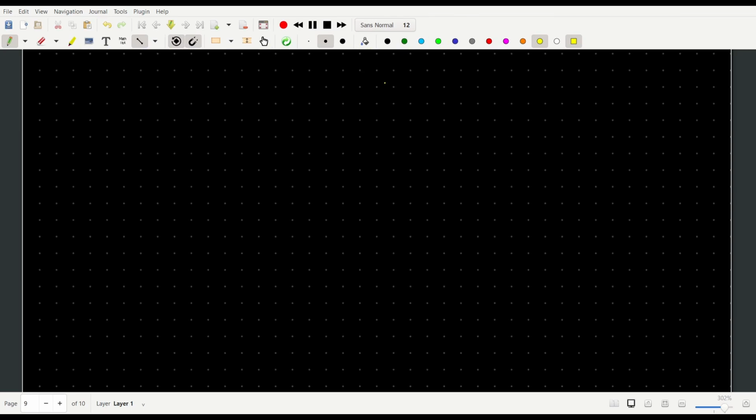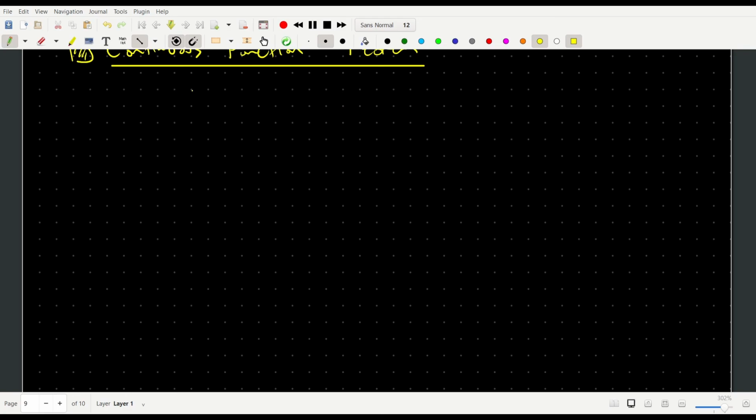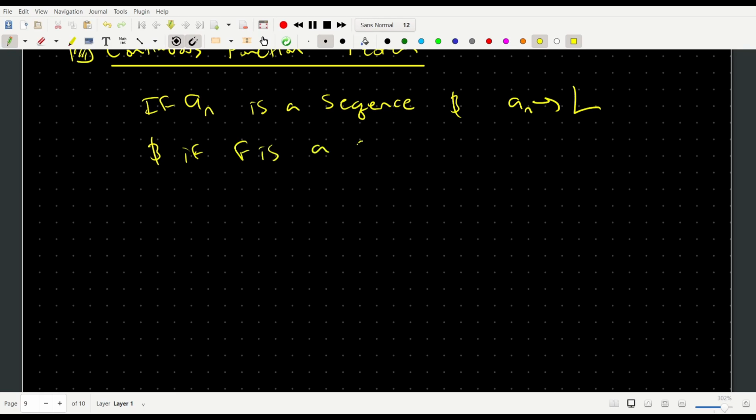This basically is saying that if a_n is a sequence, and a_n converges to some limit L, and if f is a continuous function, then f of a_n, the function value on the sequence, converges to f of L.